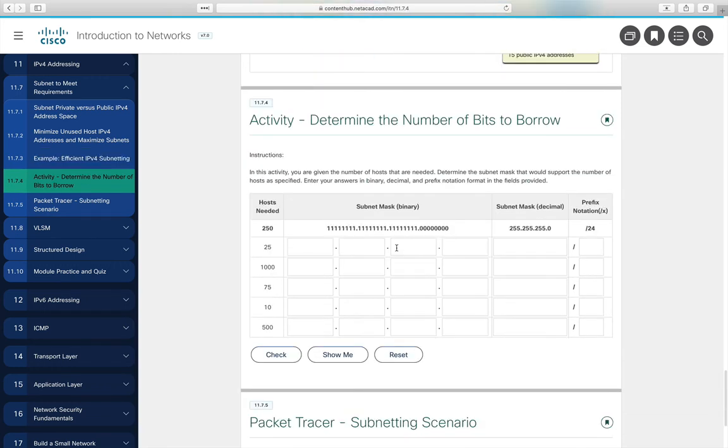In this activity, you can go through and determine how many bits you need to borrow for different size subnets.